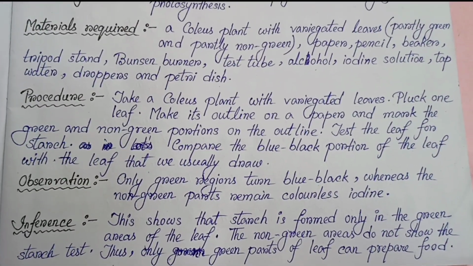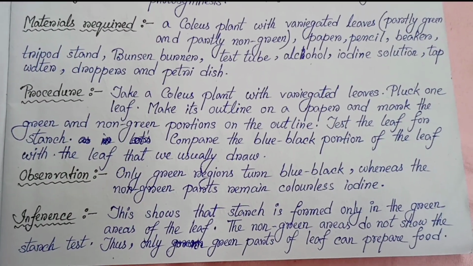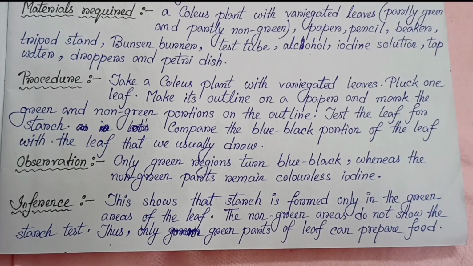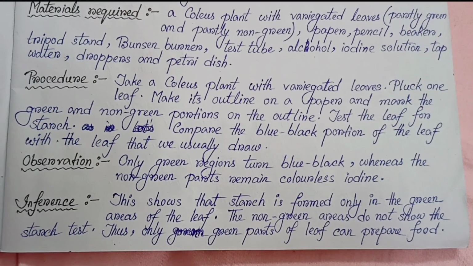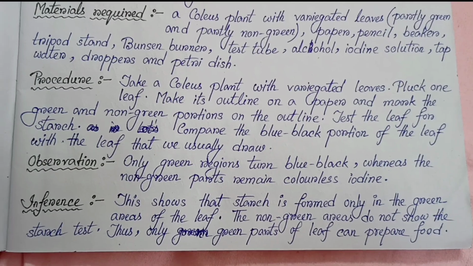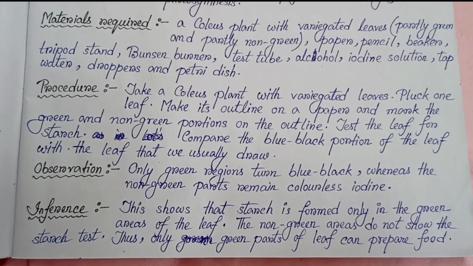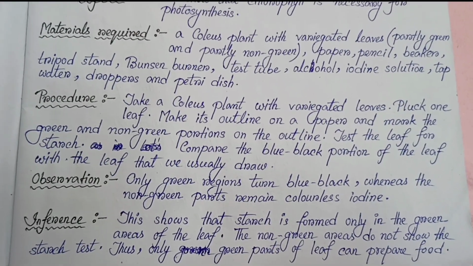Procedure: take a coleus plant with variegated leaves, pluck one leaf, make its outline on a paper, and mark the green and non-green portions on the outline.